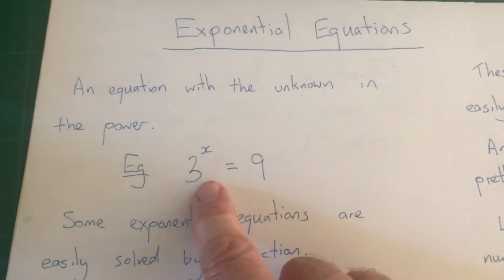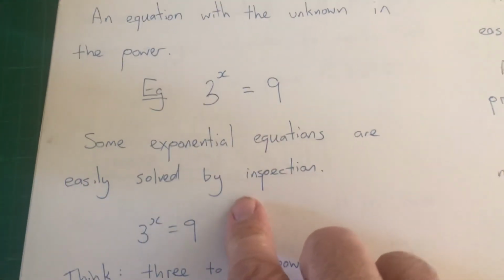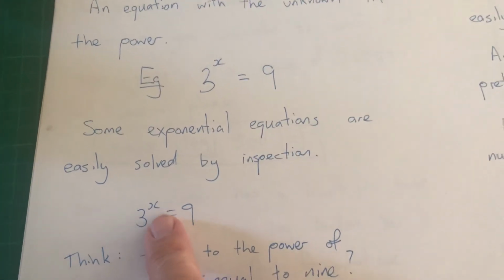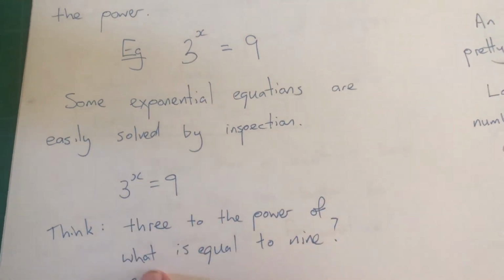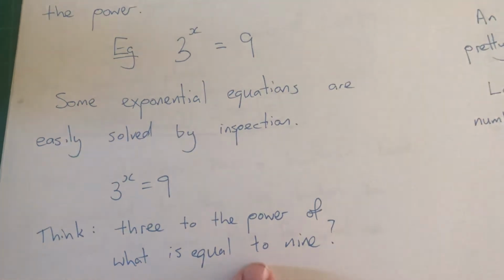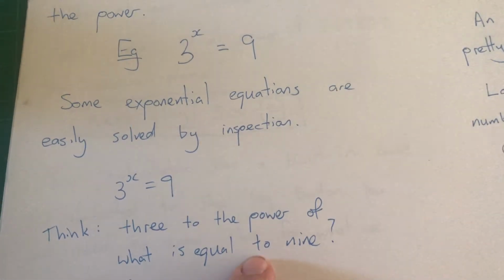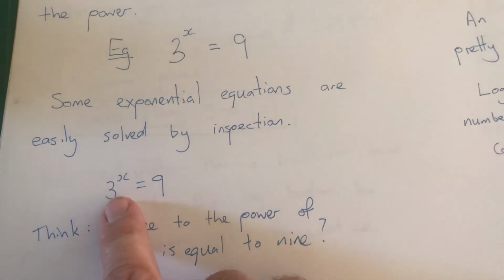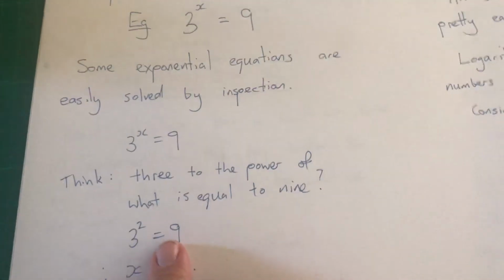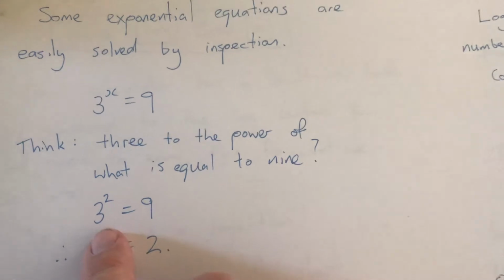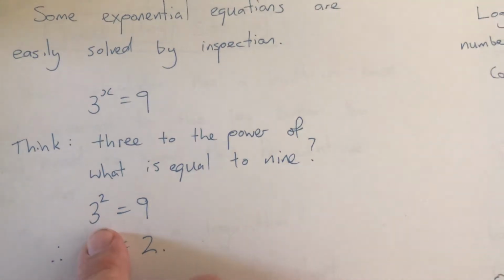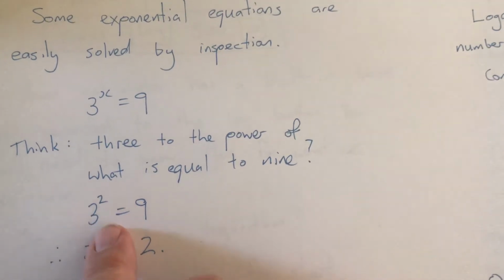So you look at this and you basically ask yourself the question, if 3 to the power of x equals 9, well 3 to the power of what is equal to 9? It shouldn't be too difficult to realise that 3 to the power of 2 equals 9, because 3 times 3 equals 9. 3 to the power of 2 means 3 times 3.